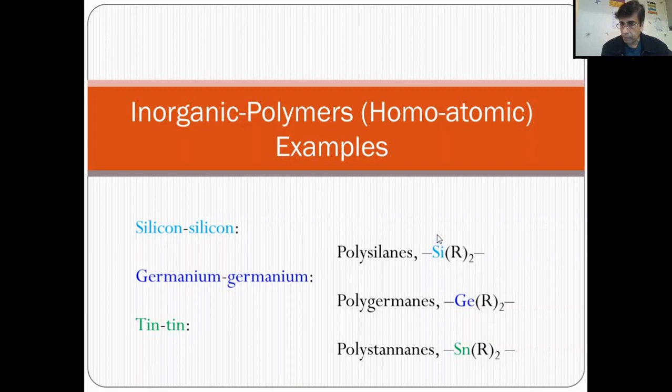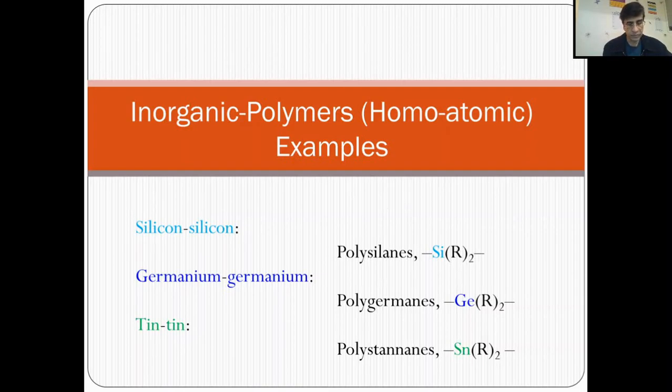You put a bond here and put one R here, and then another bond here and put one R here, and then this is the continuation connected to the next monomer, and so on. Same here is germanium. So in the backbone you have germanium, and then tin or stannous. So that's the name of them. When they have silane, that's called polysilane, polygermanase, and polystannase, and these are their names.